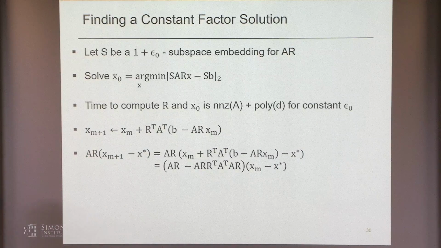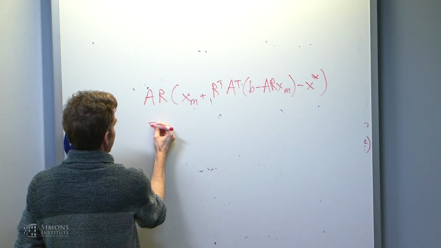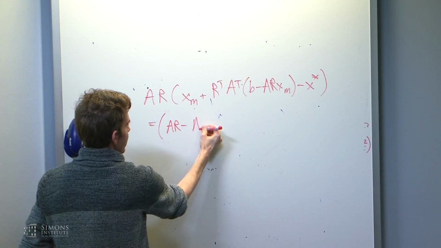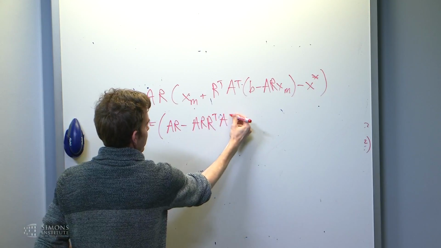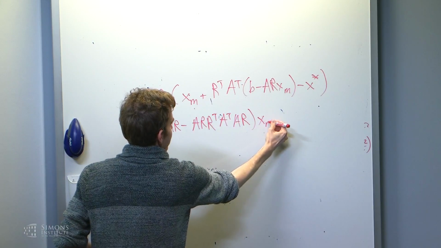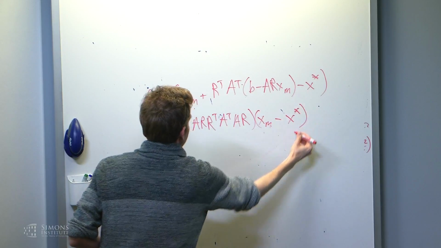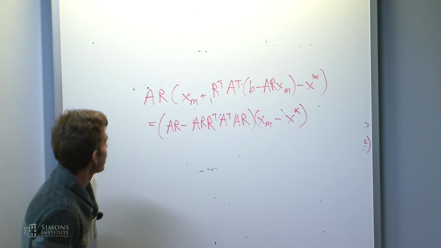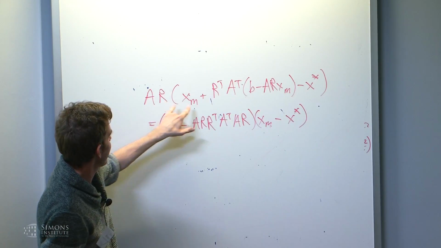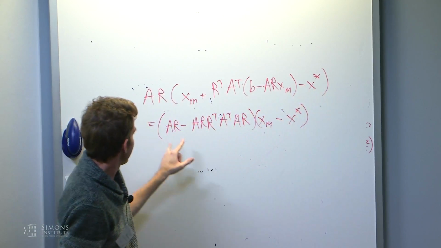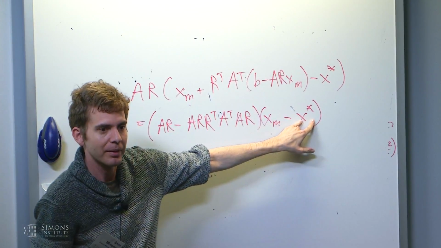Well, we should expand this just to see why this holds. So I claim that A R x_m plus A R R transpose A transpose b minus A R x_m, minus x star, is equal to A R minus A R R transpose A transpose A R, times x_m minus x star. Okay, so here I have A R x_m minus x star, and here I have A R x_m minus x star, right?